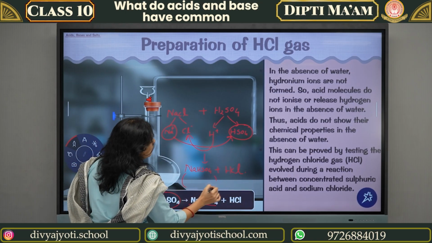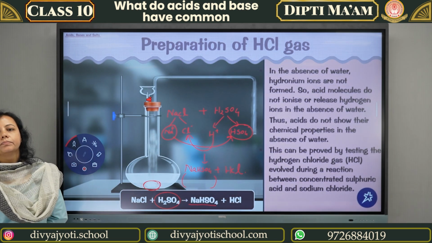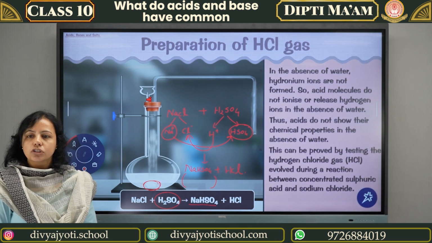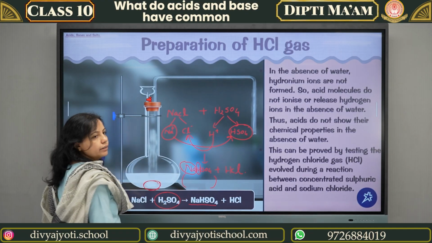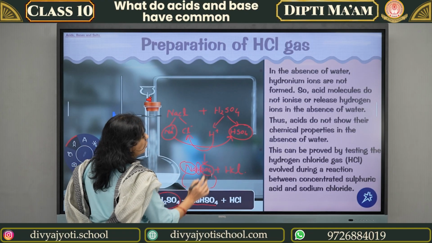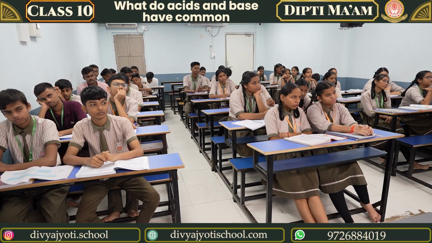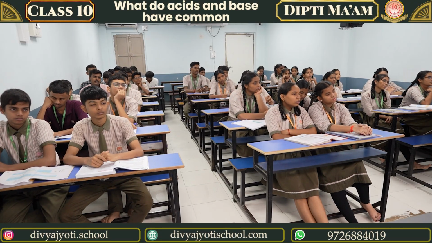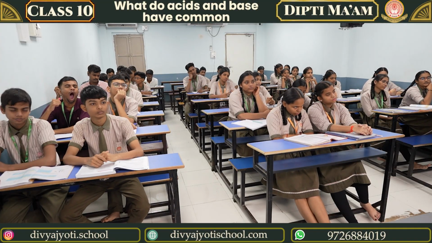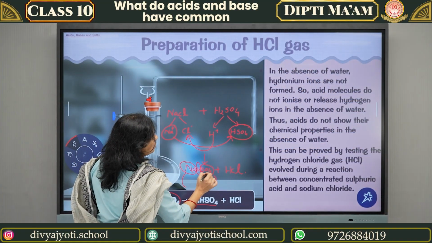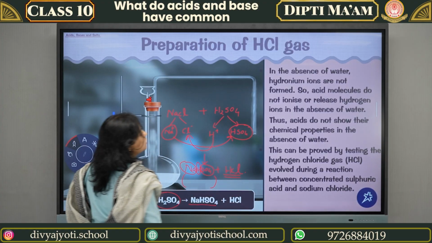What is the name of this NaHSO4? Na means sodium. What about the hydrogen? H, hydrogen. What about SO4? Sulfate. So what is the name of this compound? Sodium hydrogen sulfate. So the product is sodium hydrogen sulfate and HCl gas is produced.